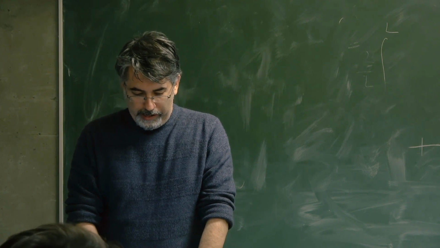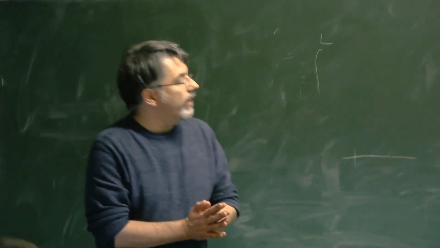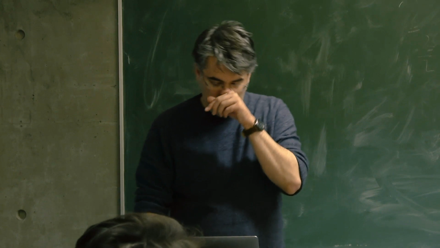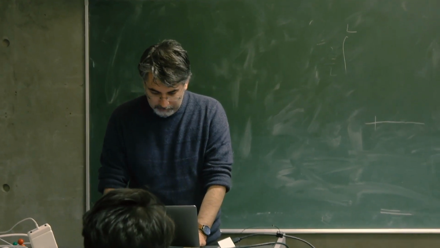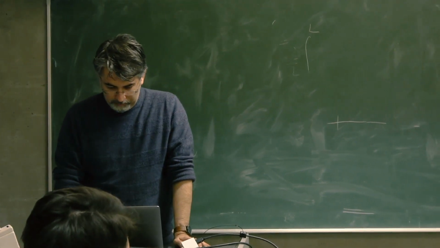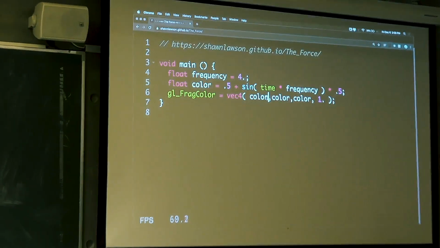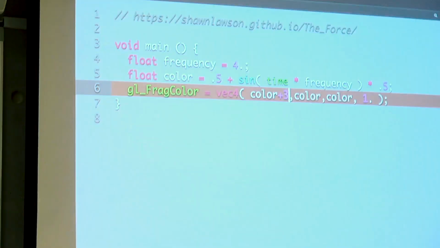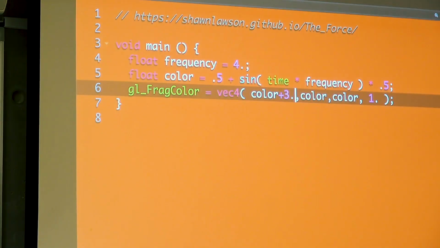Okay, so what's the next thing? I want to ask a question. I'm trying to add a number to color, but I can't. I think it gives a syntax error. So that gives an error, but as soon as I put the decimal point, then it's okay.